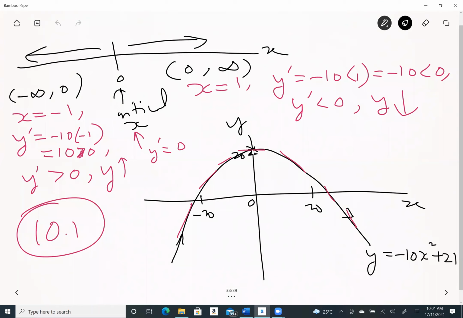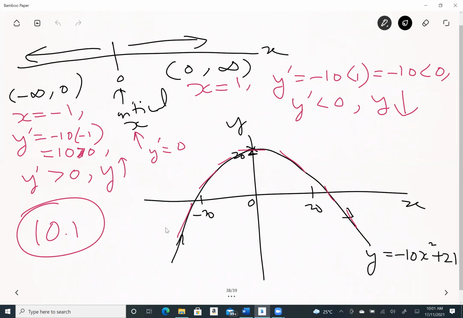And when you have a maximum, what do you have? You have the curve going up and then going down. In other words, the function is increasing, reaching the critical point, and then decreasing.